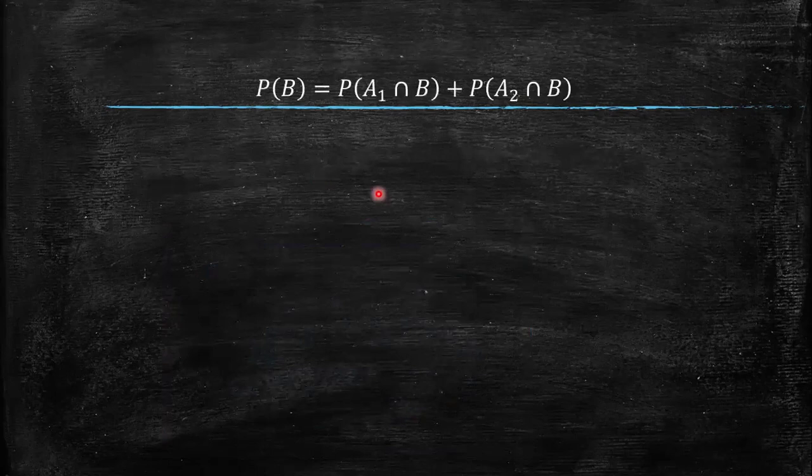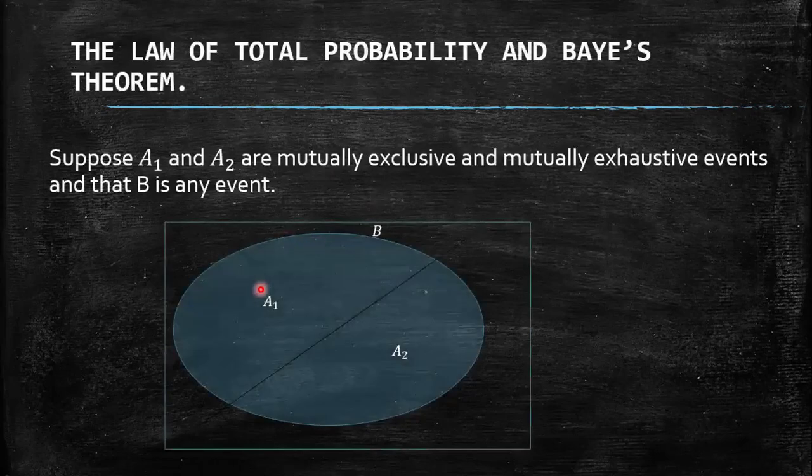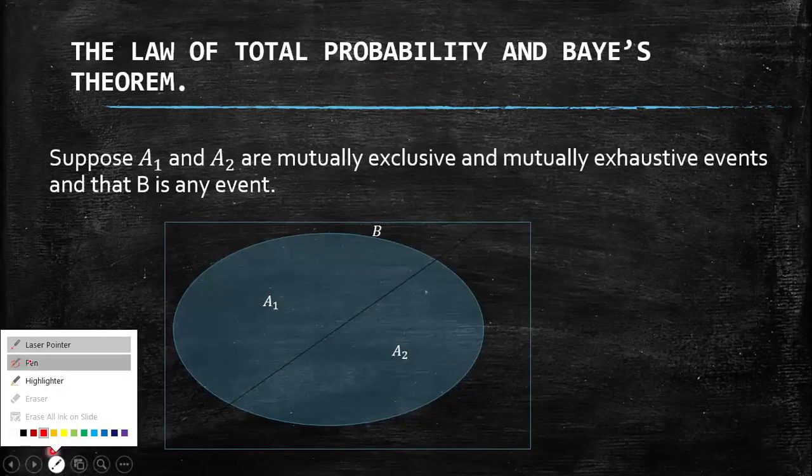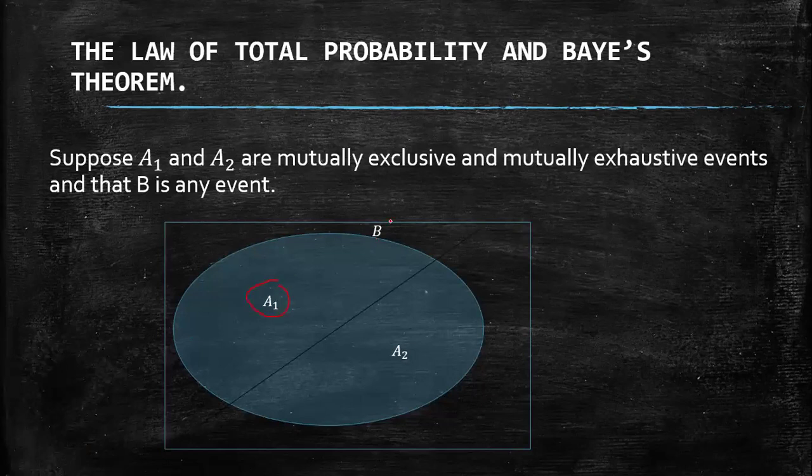Now, if we are interested in getting the probability of B, we are going to simply add. We are simply going to have A1, which is in B, so that is why we have A1 intersection B, because it is happening in B. Then also have A2 intersection B, because the B has already occurred, and it is relating to occurrence of A1 and A2.